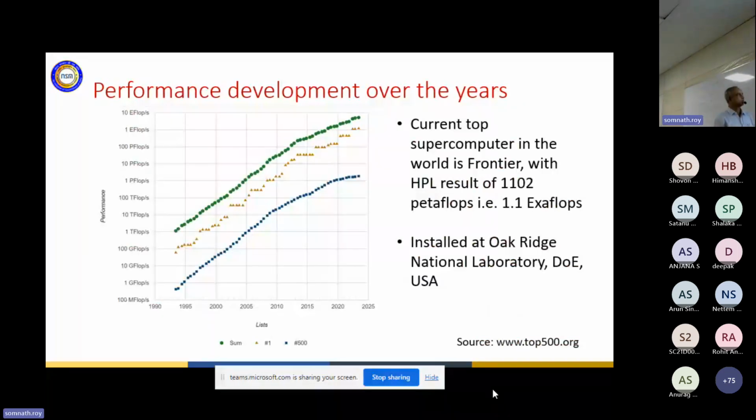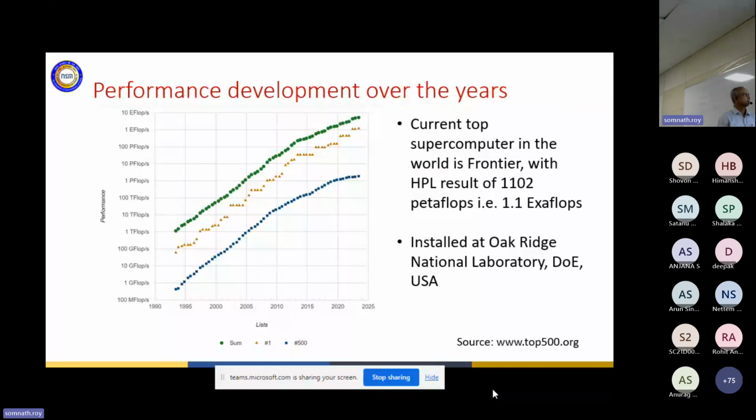This is the graph that shows how things have progressed. The triangles are the number one system, and the squares are the number 500 system. If you draw a vertical line at 1995, the top supercomputer was 100 gigaflops, that is 100 times 10 to the power 9 floating point operations, and the one at the entry was 1 gigaflop.